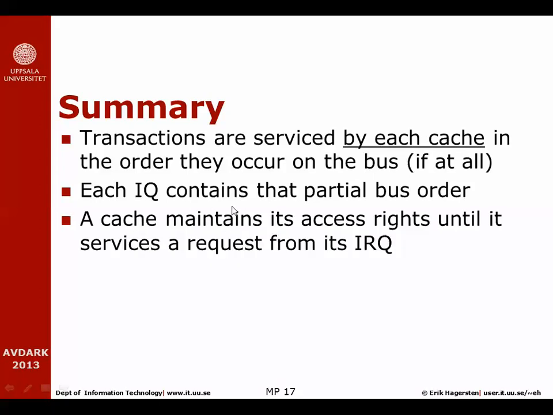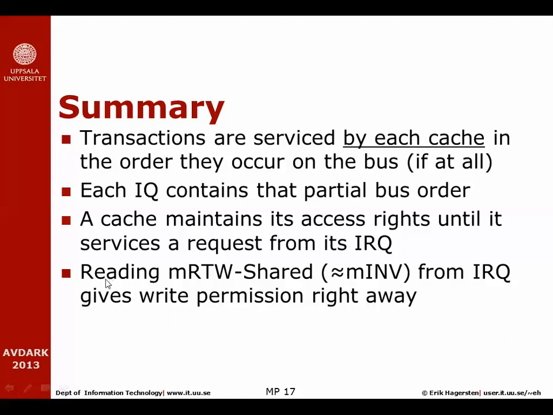A cache will maintain its access right until it services a request from its input queue. So it should say IQ here. So it can hold on to write permission, for example, until it services a read-to-write request or these kinds of funny invalidation requests from above.